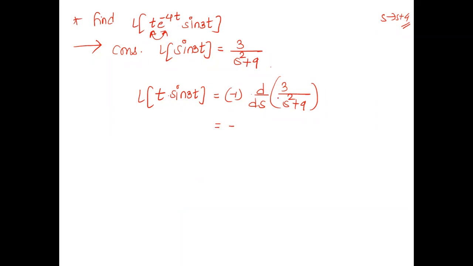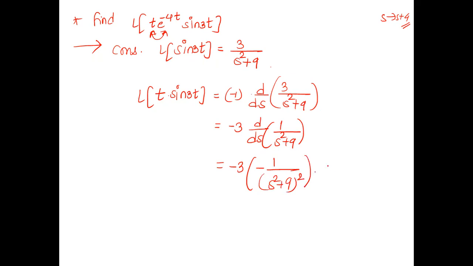So it is minus 3 comes out, derivative of 1 upon something. Okay, we'll use that formula now. 1 upon something. You can take it up, or you can also do derivative of something raised to n. So 1 upon something, so derivative is minus 1 upon something square into derivative of that something. What is the derivative? 2s. Which formula I have used?